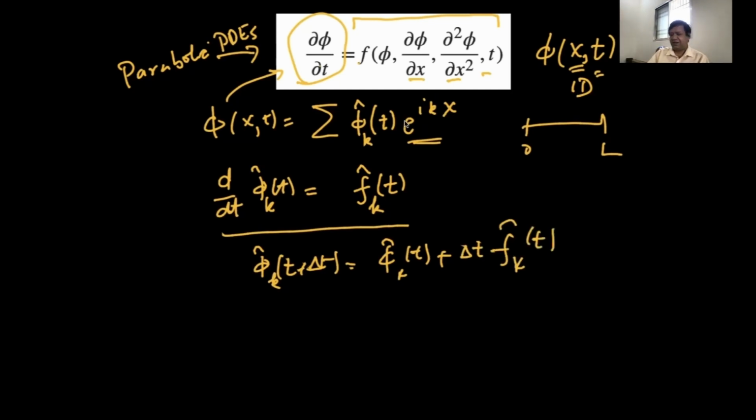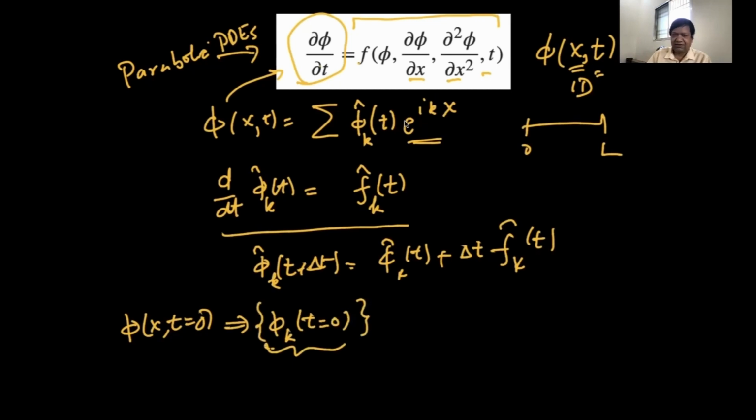So we can easily get the next time step. Given the initial condition, which will be phi x at t equal to 0, we compute phi k at t equal to 0. Of course, a set of phi k's, and then we get an equation for each phi k.